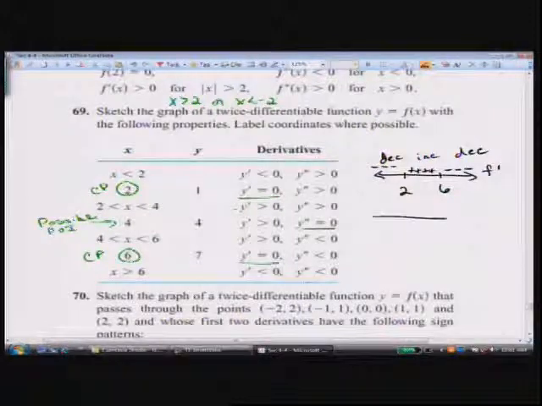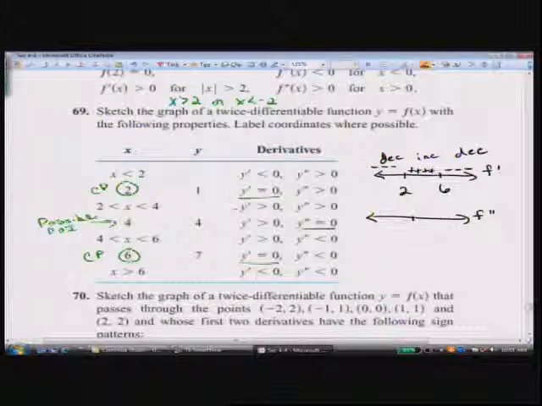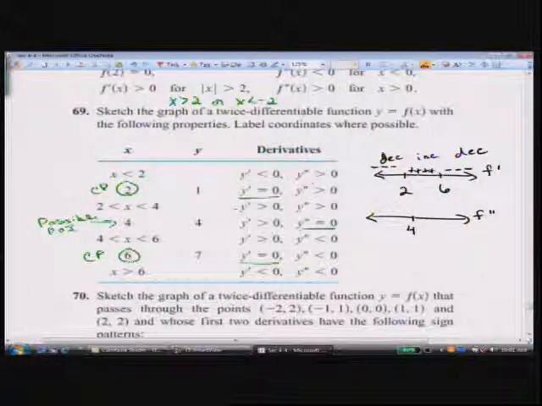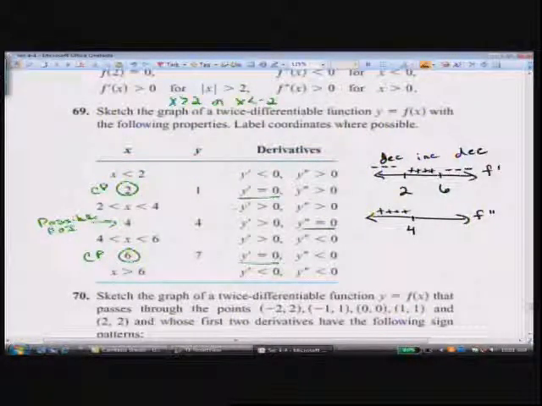Now my second derivative, its possible point of inflection is at 4. My second derivative is positive to the left of 2, which is to the left of 4, so I can just use that as my test value.